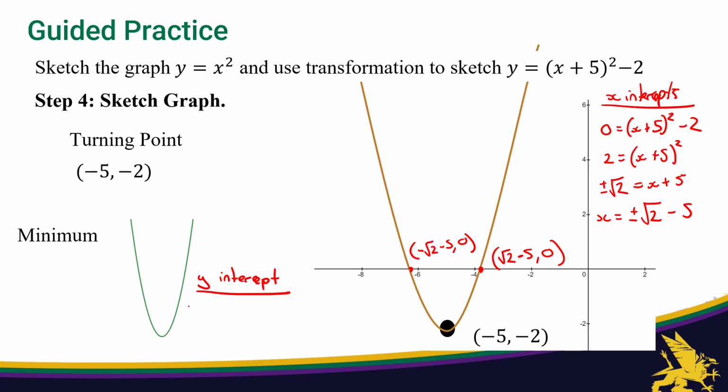So if x is 0, I'm left with y is equal to 0 plus 5 is 5 squared take away 2. 5 squared is 25, and 25 take away 2 equals 23. I don't have space up here on my graph, but the y-intercept would be 23, and I would expect that to be labeled.